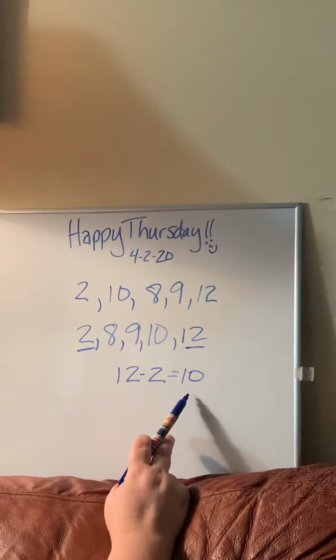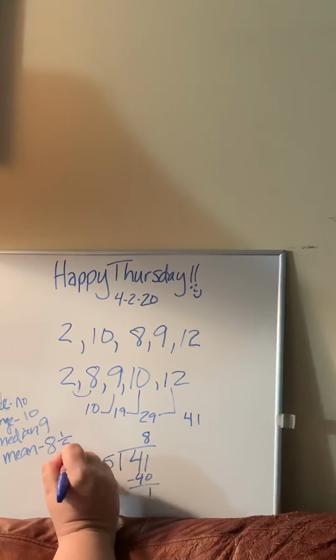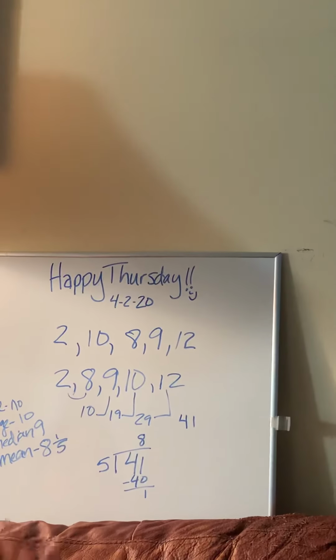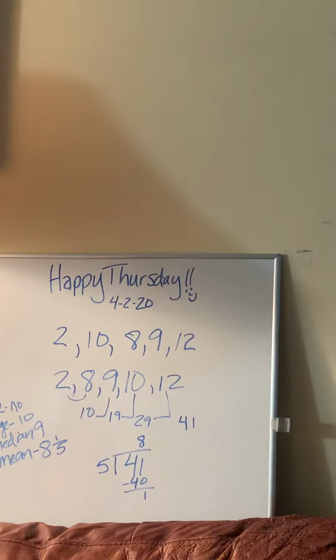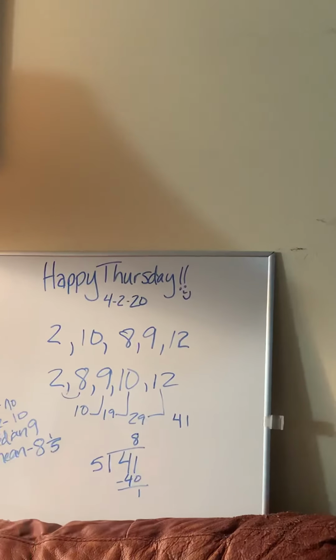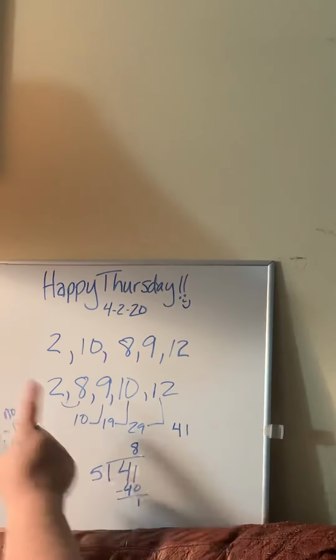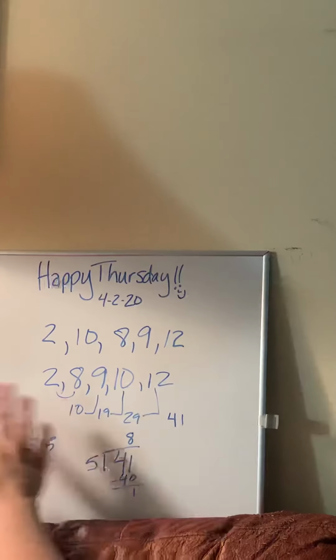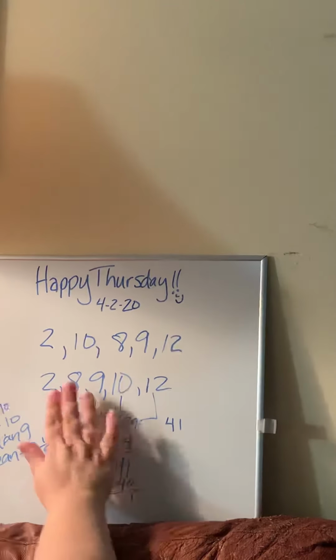So my mean is going to be 8 and 1/5, okay? All right, any questions you need to make sure you're asking me, okay? Honestly, I think your biggest problem is you got to put them in order. Guys, I cannot emphasize this enough. Put them in order first, or else nothing else is going to work for you properly.